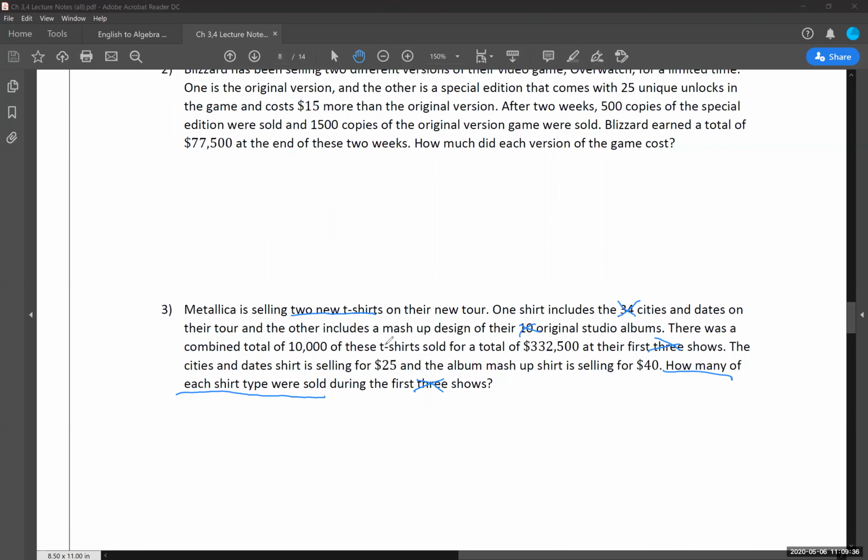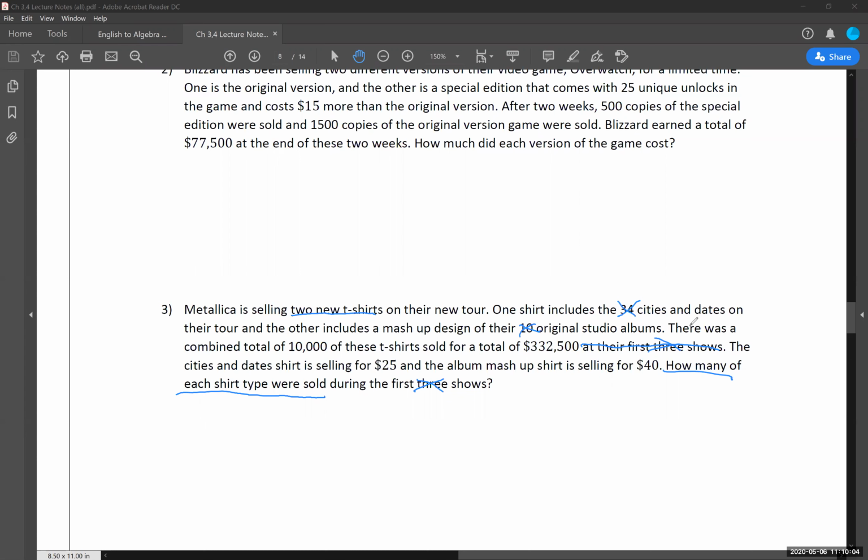We're told there is a combined total of 10,000 of these t-shirts sold. So combined total means however much of one and however much of the other, combined together, 10,000 were sold. I don't know how much of each. I know combined we get 10,000 of them sold, for a total of $332,500 at their first 3 shows. And again, we don't care about this part at the very end.